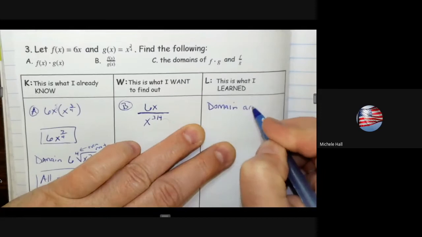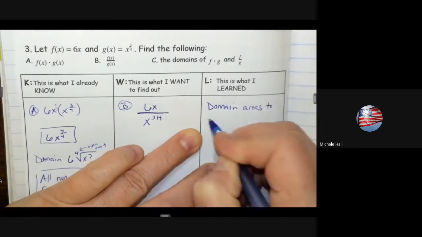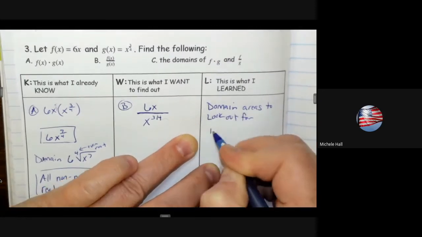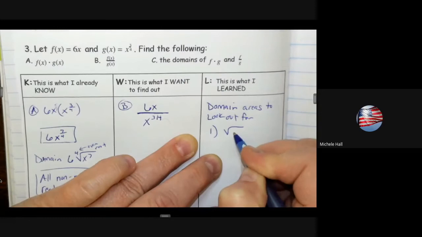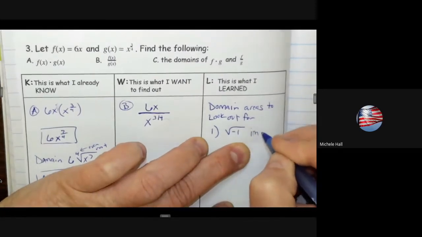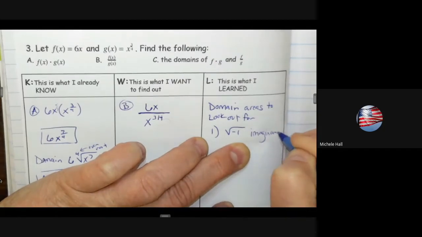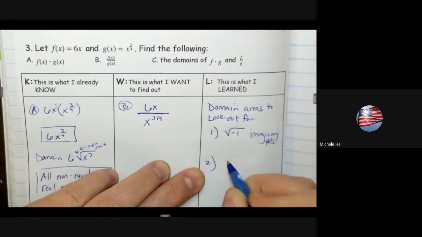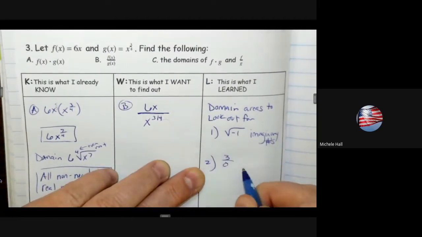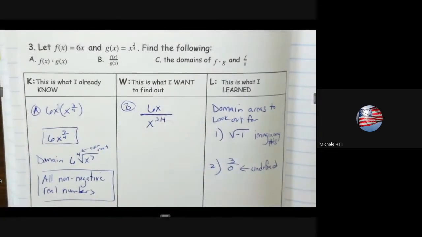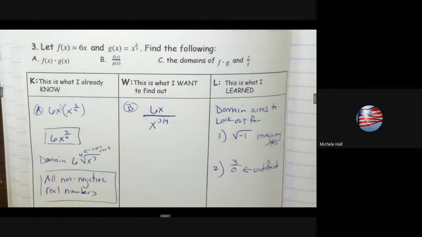Domain areas to look out for: 1, imaginary numbers, and 2, undefined, when zero's in the denominator. Those are the only 2 problems in the domain that you will have.